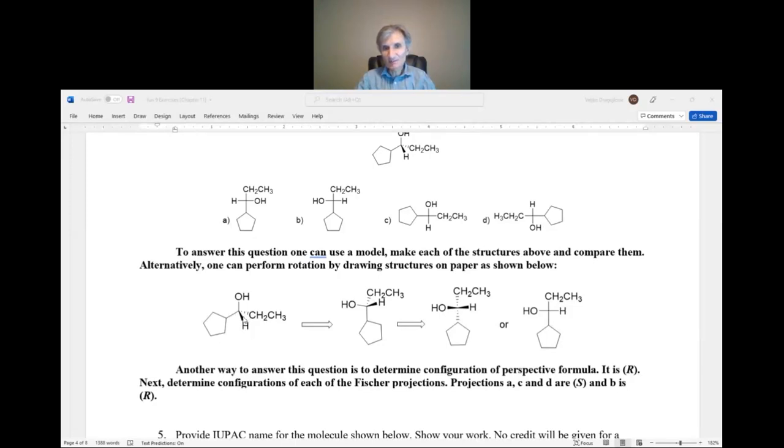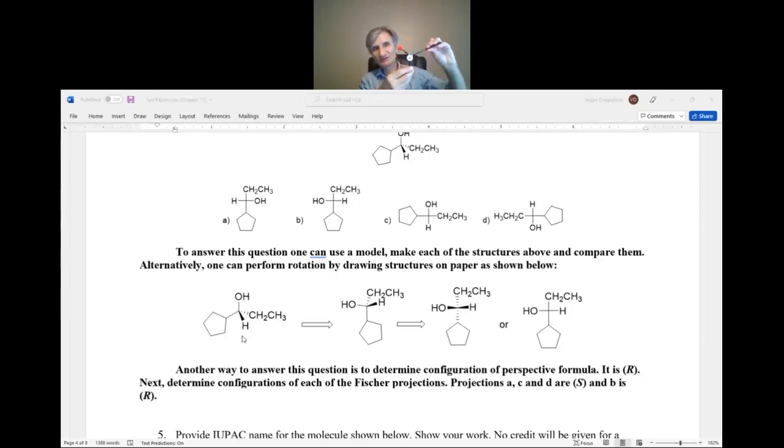So we flip the molecule. You see how we did this flip. We moved this cyclopentyl substituent down. So we take the molecule. So this is cyclopentyl.